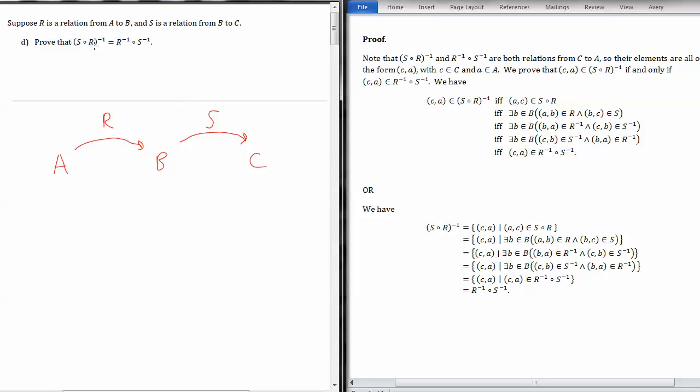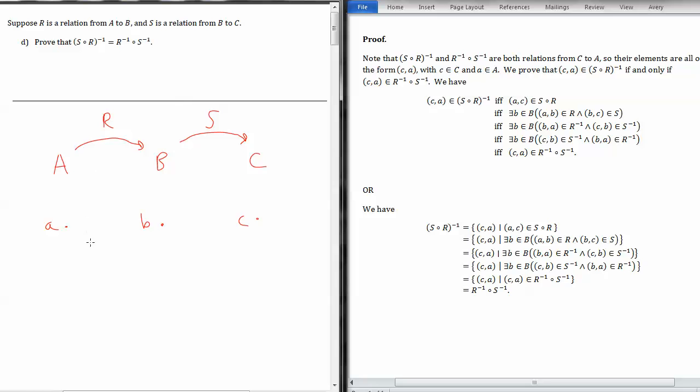All right, well, what does an element of the left-hand side look like? First of all, let's imagine we have an element little a in A, an element little b in B, and an element little c in C. And an element of S composed with R. Remember, R comes first, just like with functions, you do the one on the right side first.